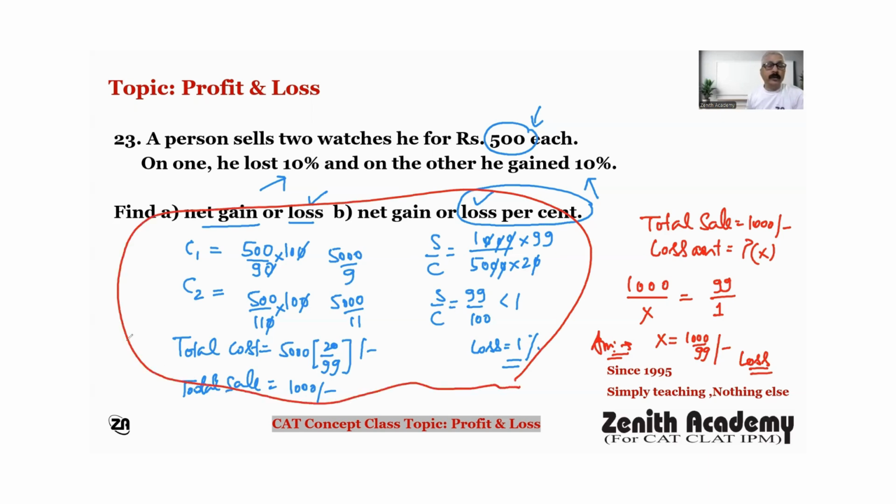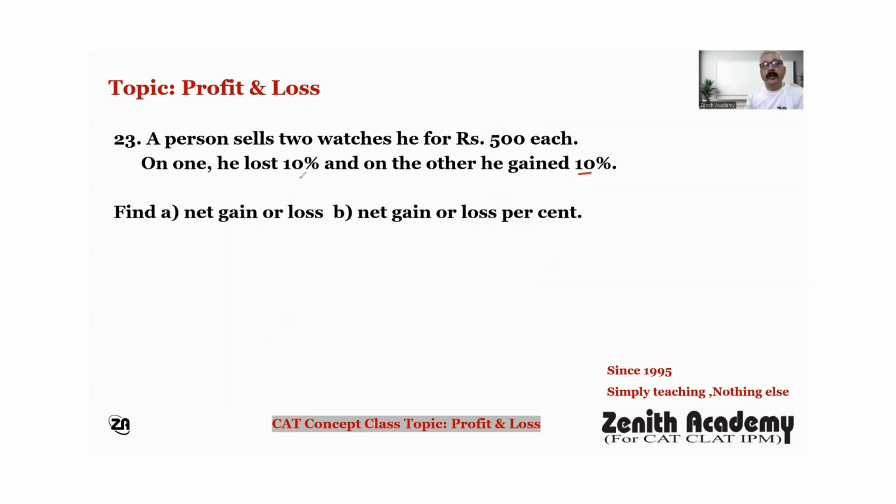How? Very simple. Whatever the magnitude is, that magnitude squared upon 100% is equal to loss percent. The minus here indicates the loss. So it is 10 square upon 100 for 1% loss.